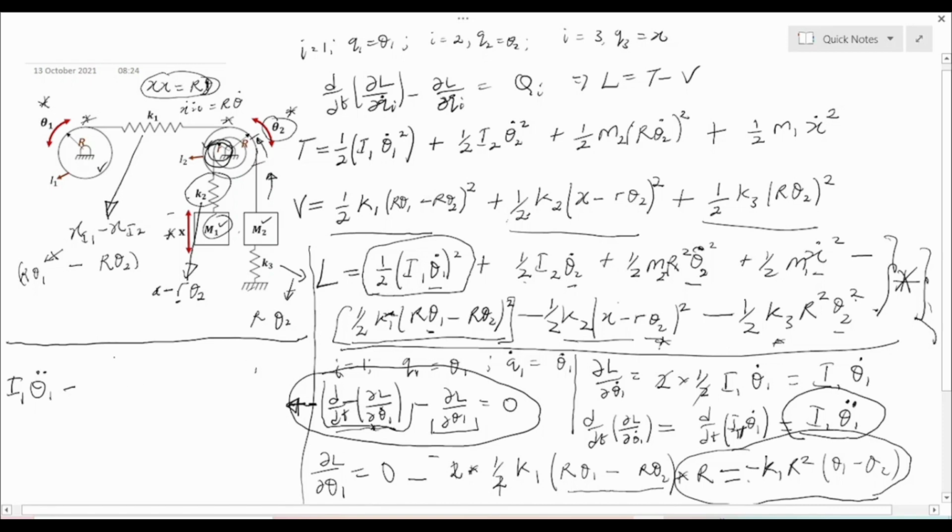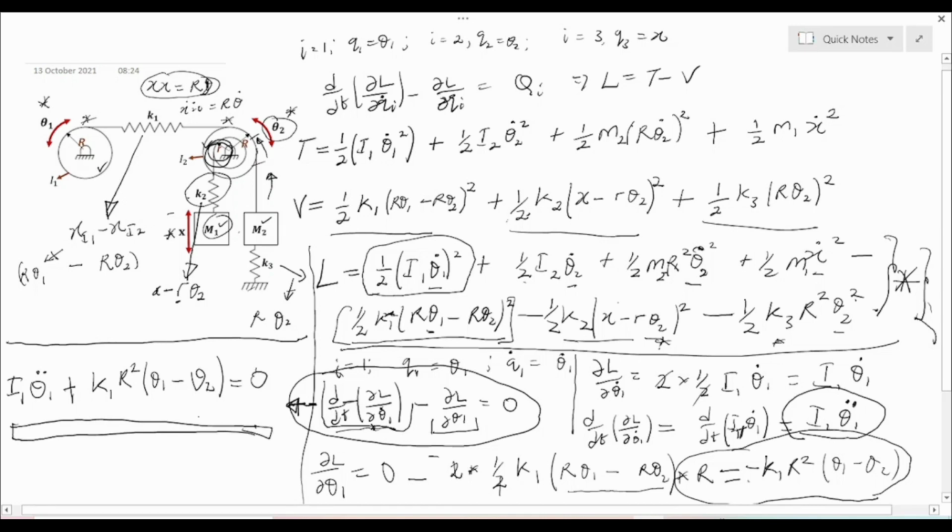And if we do that, minus k1, we multiply minus to turn this to plus, so we have plus k1 r square (θ1 minus θ2). All of these will be equal to 0, and this is our first equation of motion for the vibrating system.